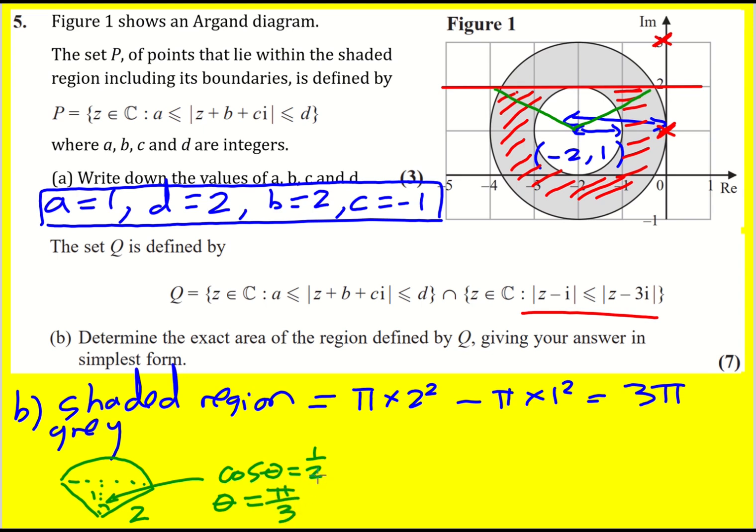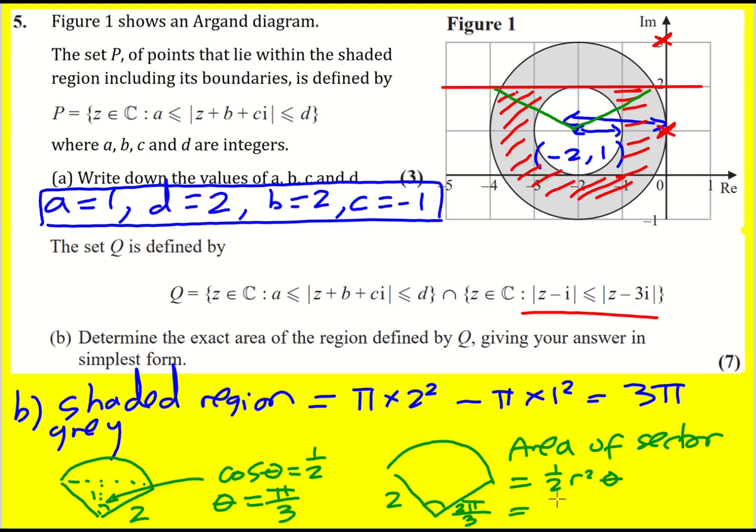Okay, I'm going to work in radians here. That's what you normally do. So that means actually, if I draw it out again, this in fact is going to be 2 pi over 3. And the area of the sector, well, there's a couple of ways to do it. You might be familiar with the formula when you're working in radians. It's just a half r squared theta. You can just sub it straight in. So a half times 2 squared times 2 pi over 3.